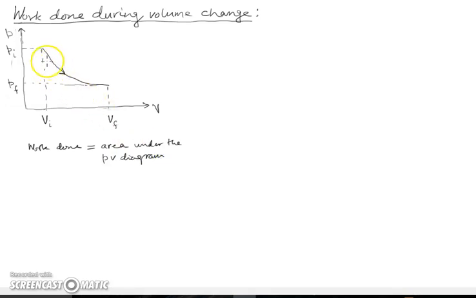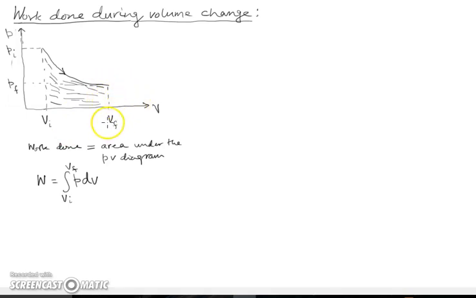So how much work is done? If we integrate the whole area, we know that work is equal to the integral of P dV from V initial to V final, right? That's what we saw earlier. And since the volume is expanding, this work done is positive, right?